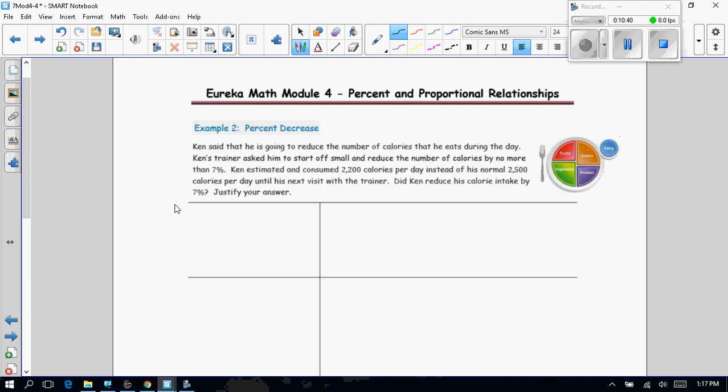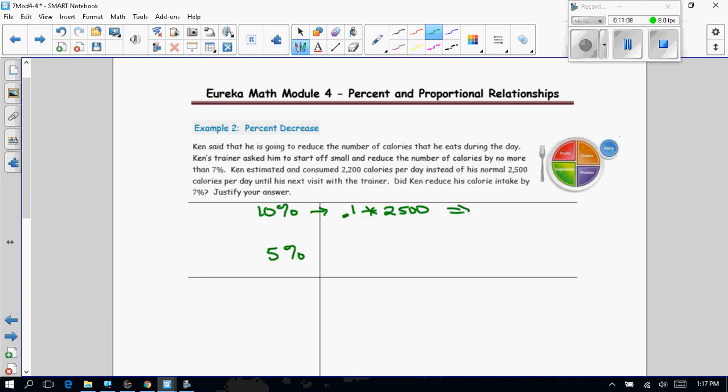Justify your answer. Well, I'm just going to estimate here a minute, okay? So easy percentages to work with are 10% and 5%. If I can find 10%, I can automatically get 5% and then just know what's going on from there. So 10% of 2,500, right, means I'm going to take 0.10 of, tells me to multiply, 2,500.